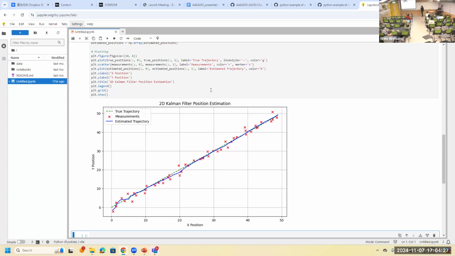So the GPS provides a series of measurements, zi, which is equivalent to xi, yi. For a two-dimensional case, x and y represent the position, and i represents the timestamp or the index, okay? So this is a measurement from GPS.